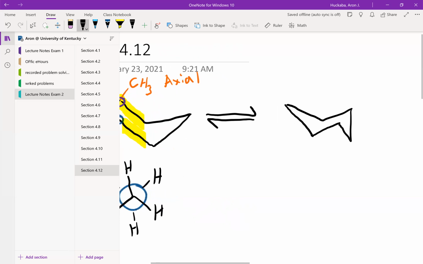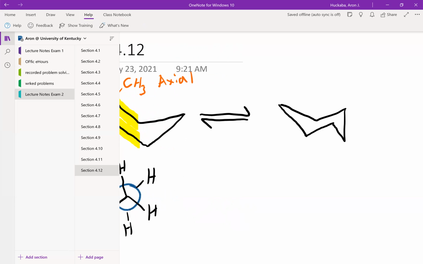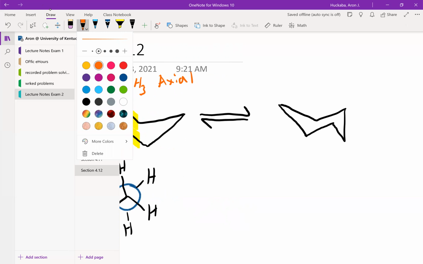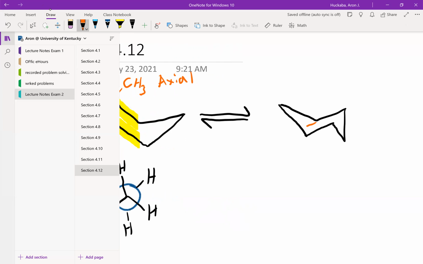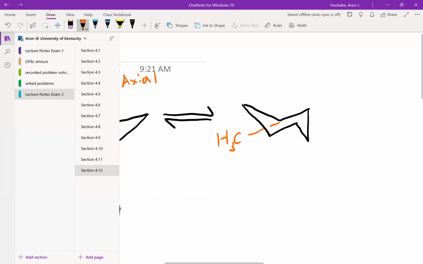And if we do that, funny enough, what once was axial now is equatorial, right? Because now it is parallel with the seat of the chair.